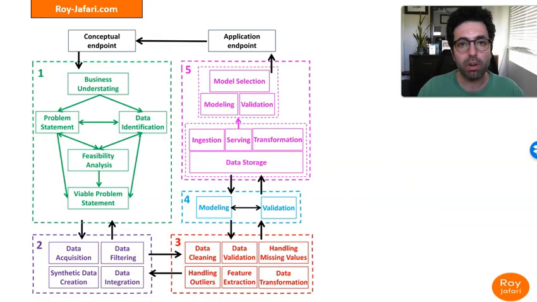Now let's start talking about different parts of this cycle, the data solution lifecycle. So always we start with the conceptual endpoint. This is the understanding that we might be able to take advantage of some data. At this point, we haven't come to our problem understanding or our viable business problem.